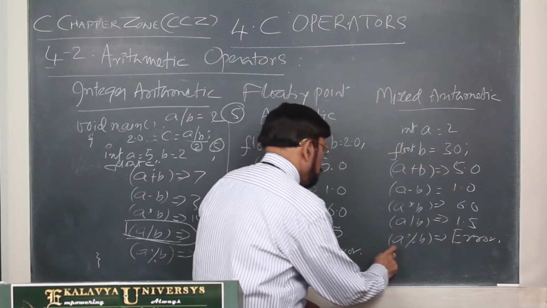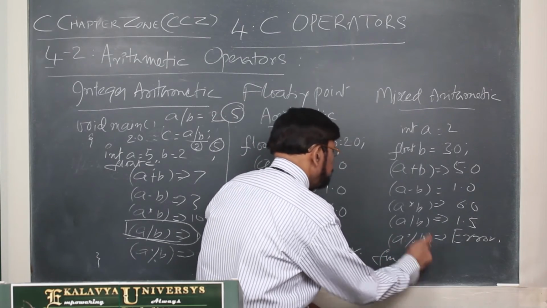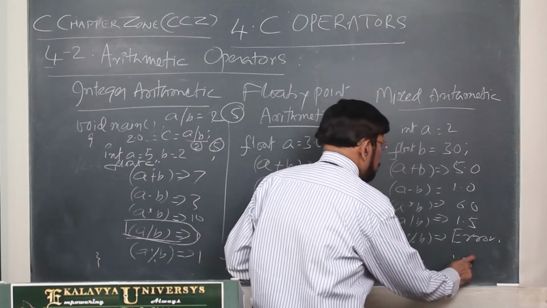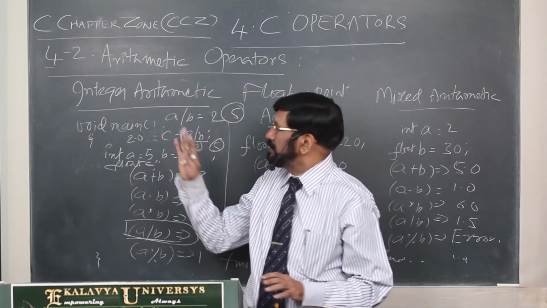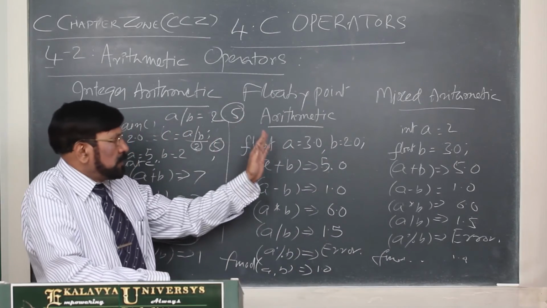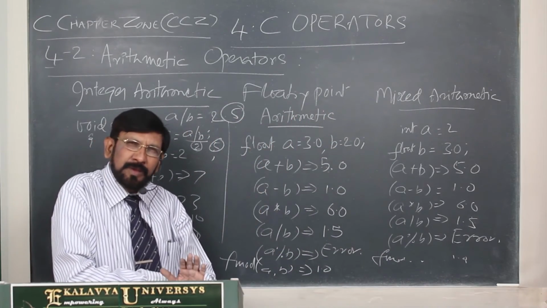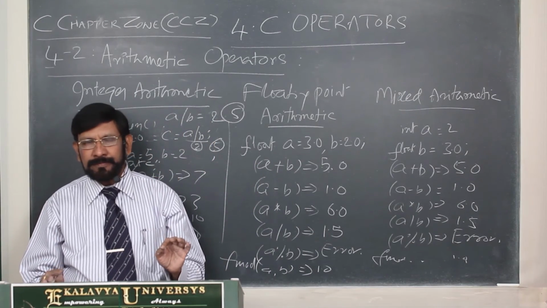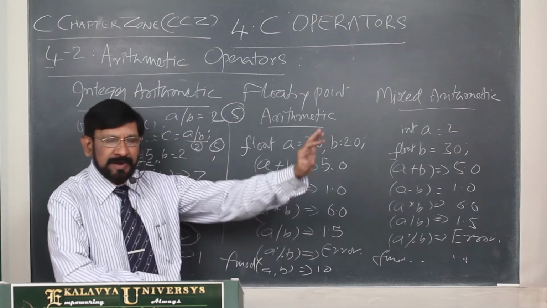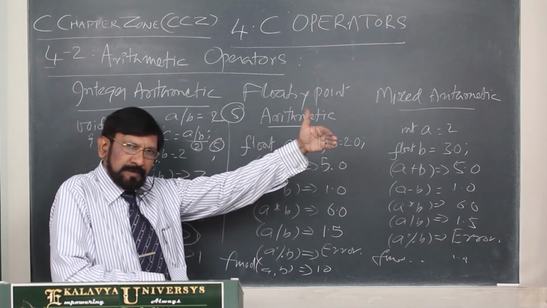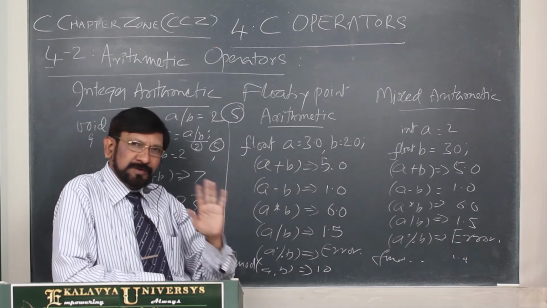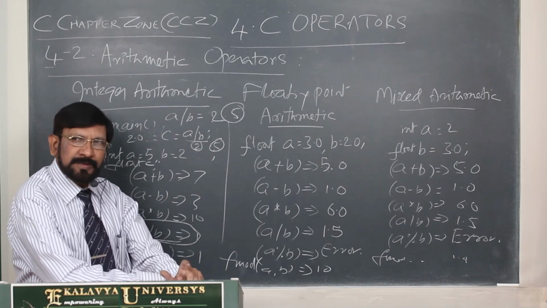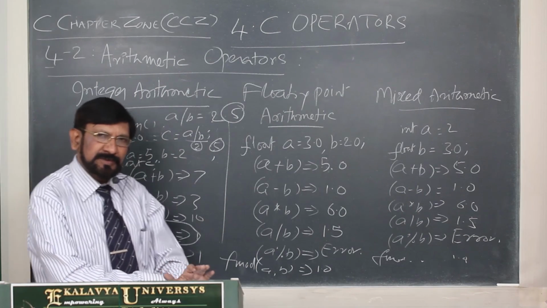If you use the fmod function, you can resolve the issue and get the correct result, that is 1.0. This is integer arithmetic, floating point arithmetic, and mixed arithmetic. All these points you must learn one time and own them. This is all about the first category of operators, arithmetical operators. All these points you must learn meticulously. Thereafter, the second category, relational operators, I will explain the features and functionalities of them.